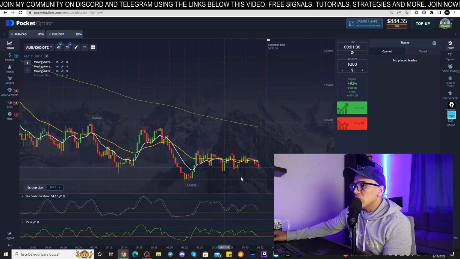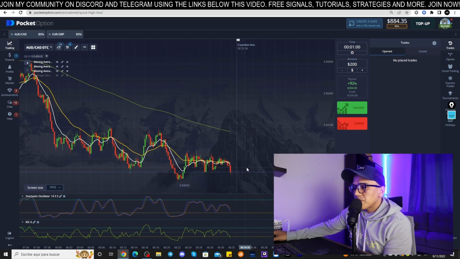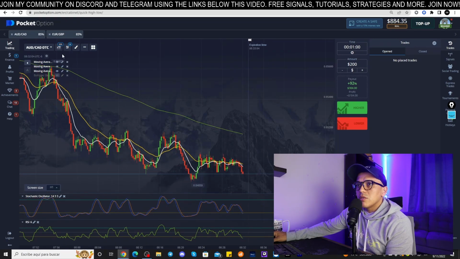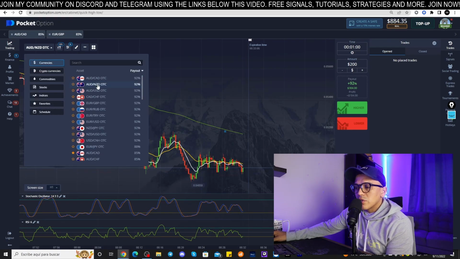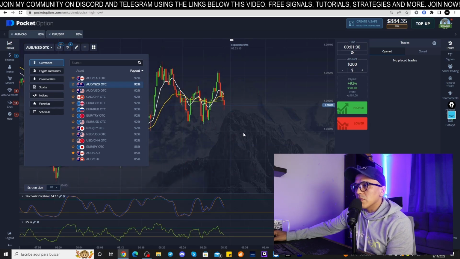For that reason we take opportunities for put, because this is the trend we have. Maybe we can enter here again, but if I take the trade right now, it can be too late. Let's search for another type of scenario to show you more examples.